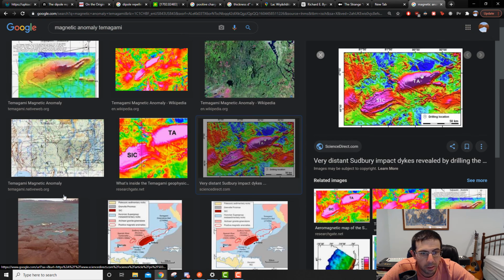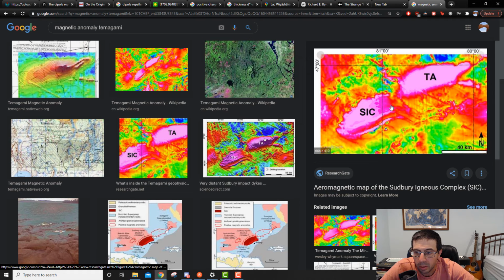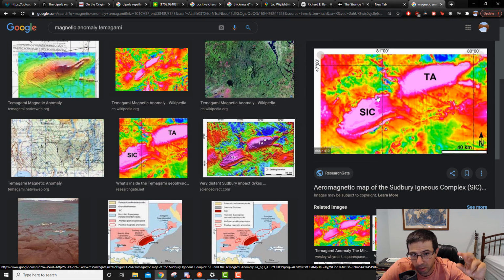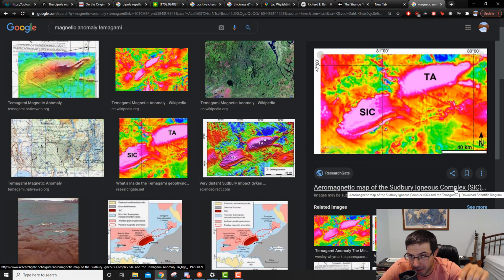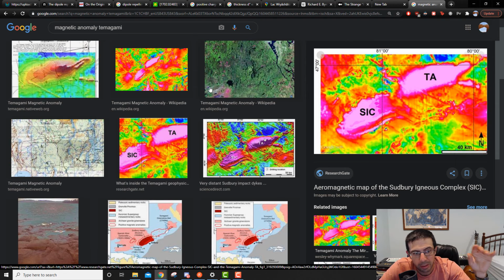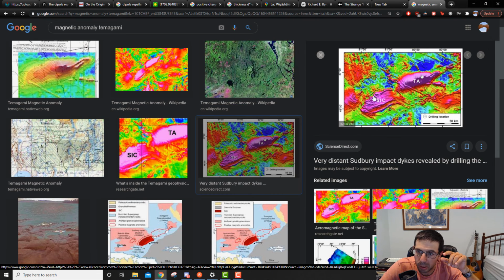There it is. There's a labeling. This is what I'm looking for. One of the structures is called the Temagami anomaly. The other is called the Sudbury Igneous Complex. And these two structures are underground in Canada, right next to each other.